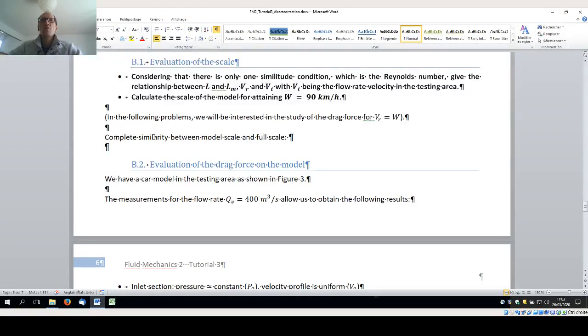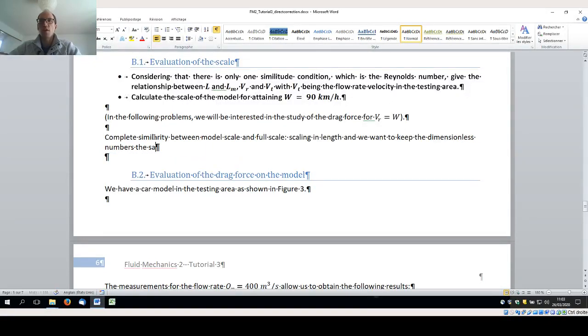So complete similarity, as a reminder, this means that we will have a geometric scale. We have a scaling in length. So we have two different scales, and we want to keep the dimensionless numbers the same.